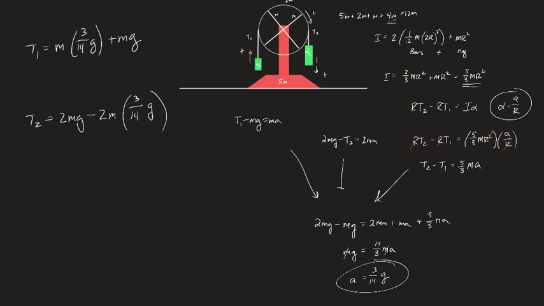What I did was I solved this for T1, which is ma plus mg. That's what I have here. I solved this for T2, which is going to be 2mg minus 2ma. I need to get these all worked out. So this is 3/14 mg plus mg, which is going to be 17/14 mg.